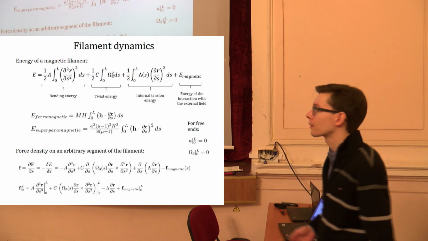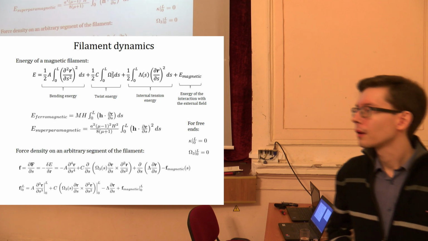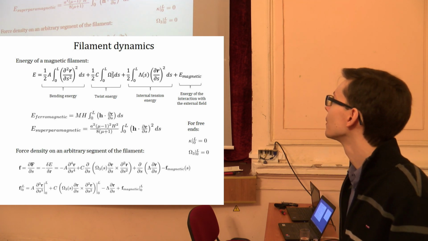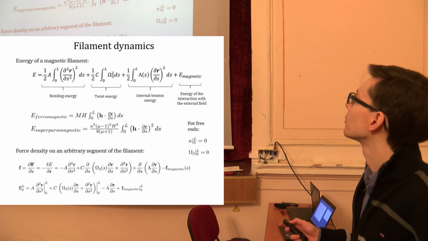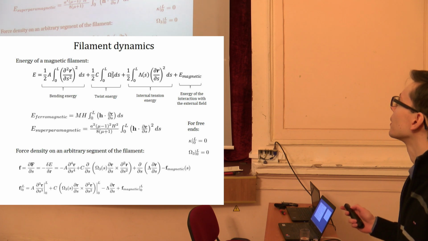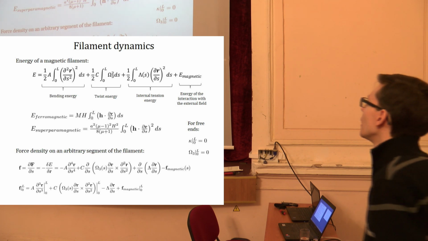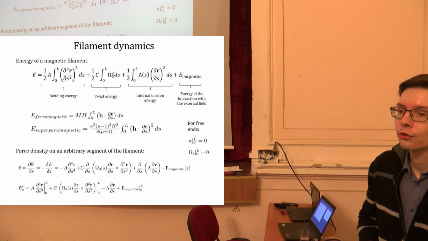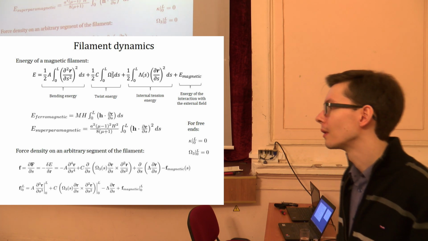Now, if we accept this framework of kinematics, then we can express the total energy of the filament in a fairly standard way. It's composed of the bending energy, the twist energy, the magnetic interaction energy, and also this internal tension term that serves to ensure the inextensibility of the filament.